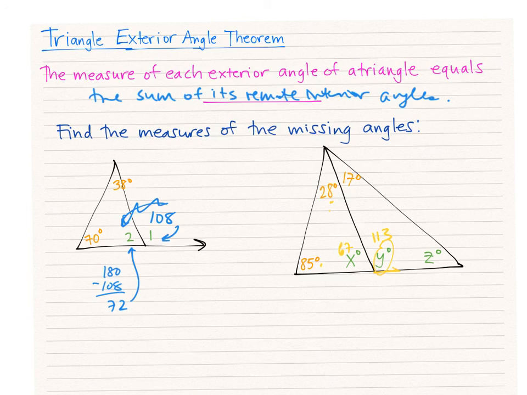And then we know that these two have to add up to 67. So we can subtract 17 from 67 and get 50 there. So you could also just use the fact that the interior angles add up to 180. It'll just take a little bit longer. So just remember that the triangle exterior angle theorem says that the measure of each exterior angle of a triangle equals the sum of its remote interior angles.